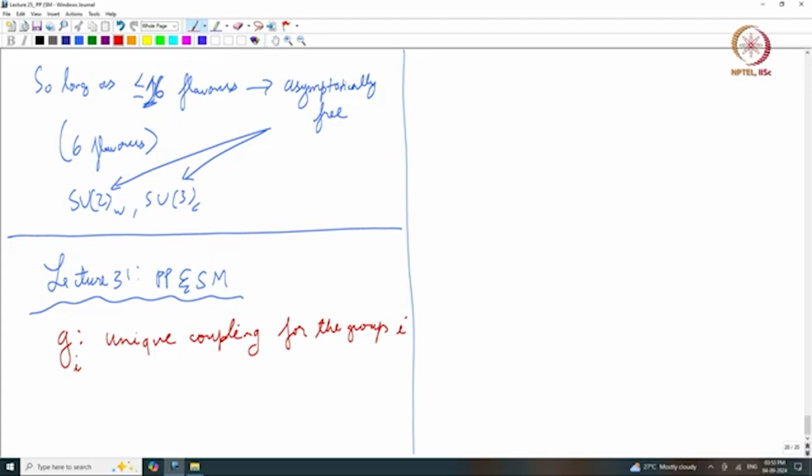So for SU(3) color we call it the strong coupling, also called g3 sometimes, and for SU(2) weak we call it g2, some people call it g_W, g bar, etc.